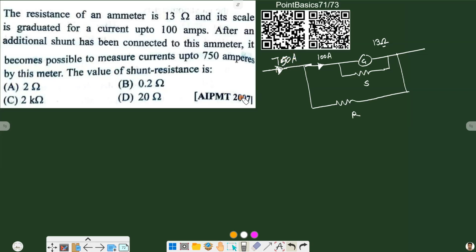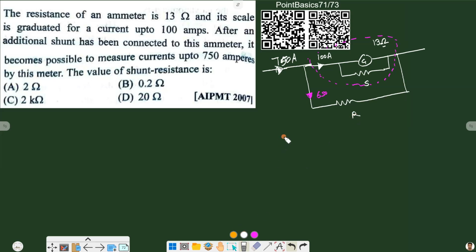Now if it needs to measure 750 amperes, in the inside circuit the maximum current that can go is again 100 ampere. If more than 100 ampere goes through this circuit, then this galvanometer will be damaged. So the maximum current that can still pass through the internal part is 100 ampere, and it has a resistance of 13 ohm. So the remaining 650 has to pass through this resistance.